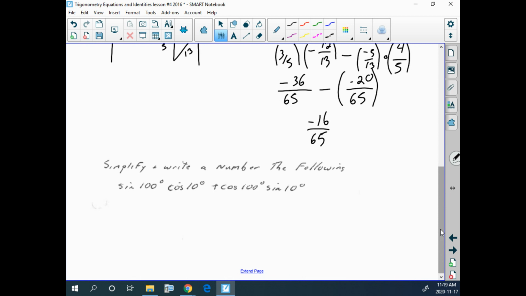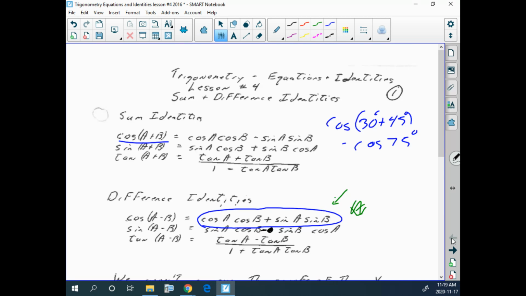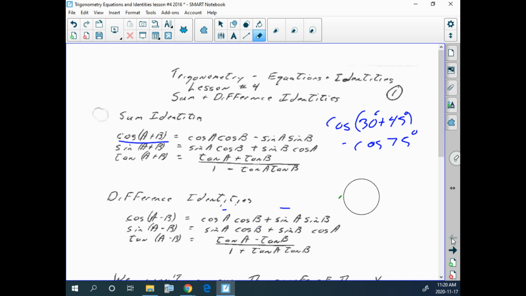Now, here we have the big thing, we want to collapse it. We have sine of 100 cos 10 plus sine of 100 sine 10. Which one of these identities best matches that?